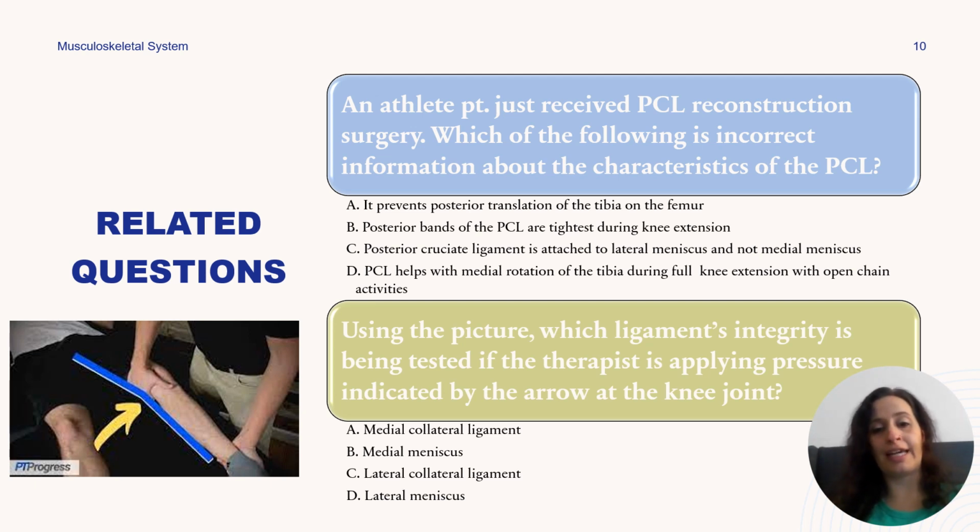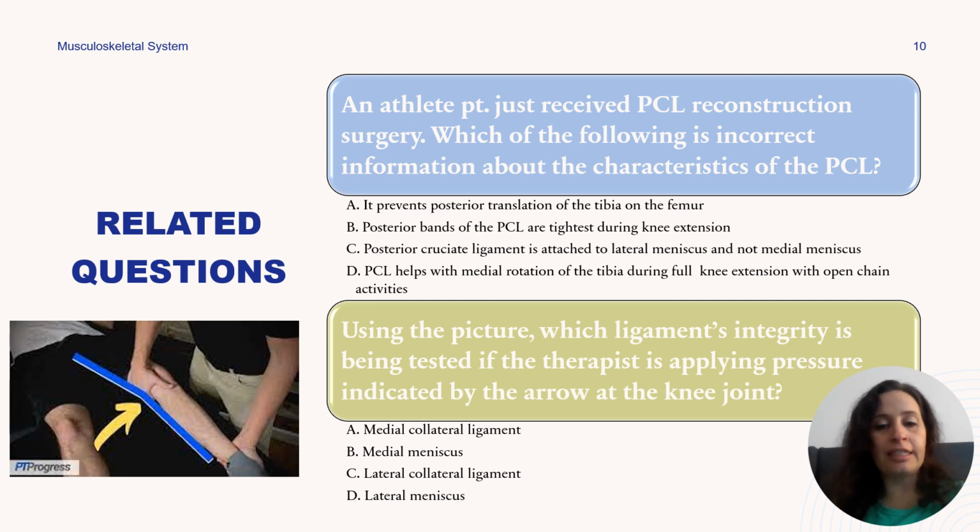What I was going to say is the ACL is the one attached to the medial meniscus, because if you think about the terrible triad, it's ACL, medial meniscus, and medial collateral ligament, right? So that tells me the ACL is attached to the medial, therefore the PCL is attached to the other one, which is the lateral. So C is correct, right?